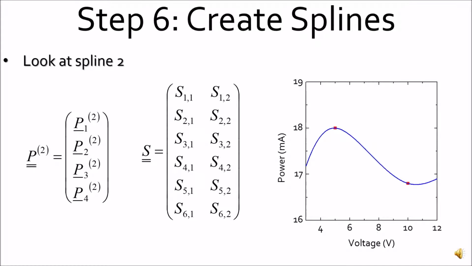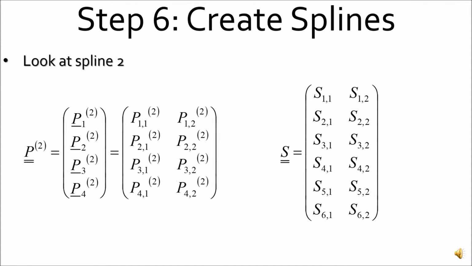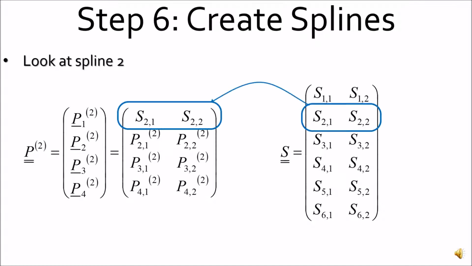And in this case, the 2 points at the ends are the second row and the third row. So the second row is the first point, and the third row is our second point. So taking these values from the S matrix, in this case, for the second spline, we start at the position S2, row 2, sorry, and we end at row 3.